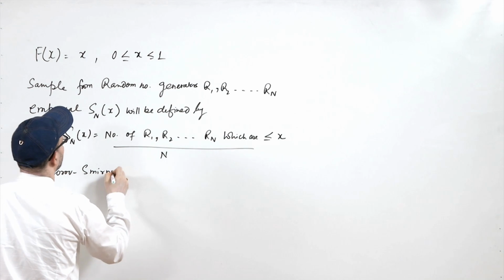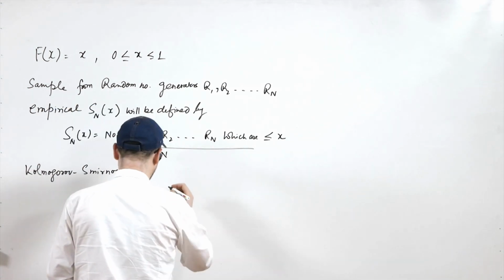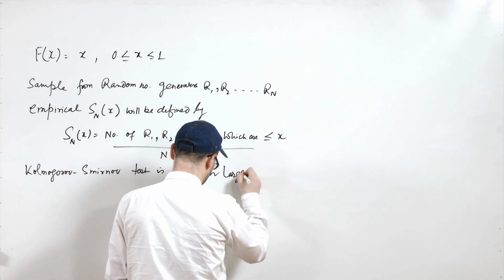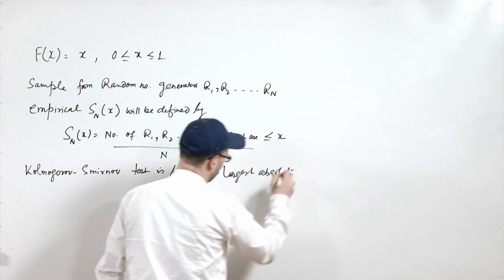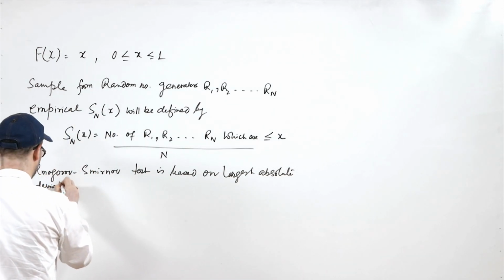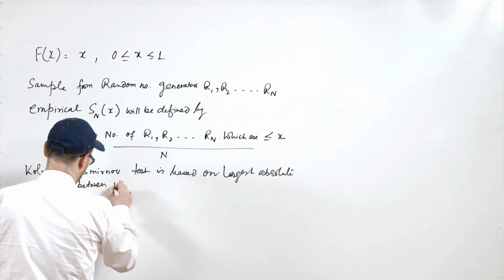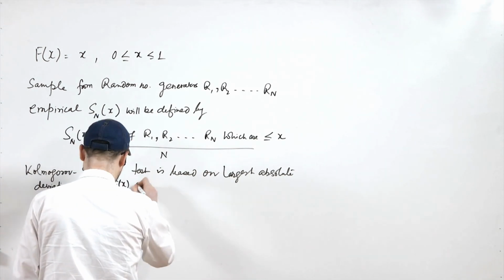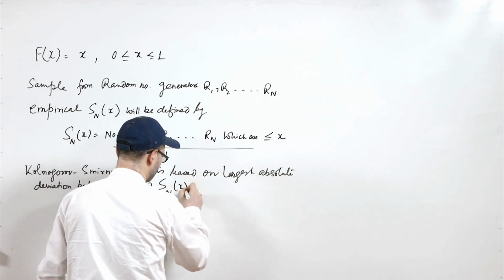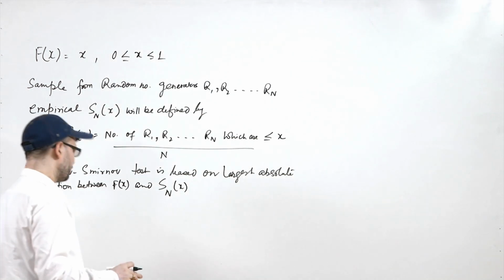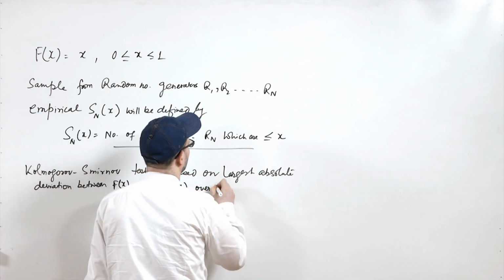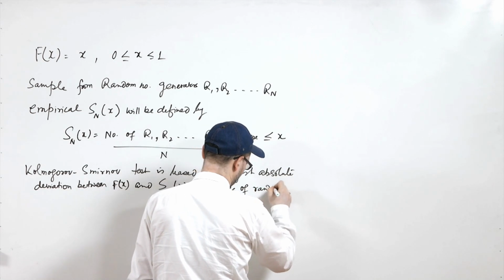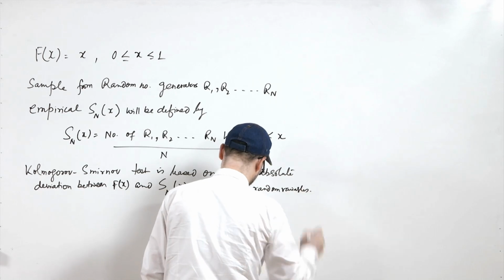Now, the Kolmogorov-Smirnov test is based on the largest absolute deviation between F(x), that is your uniform CDF, and SN(x), which is given to you for checking uniformity, over the range of the random variable.